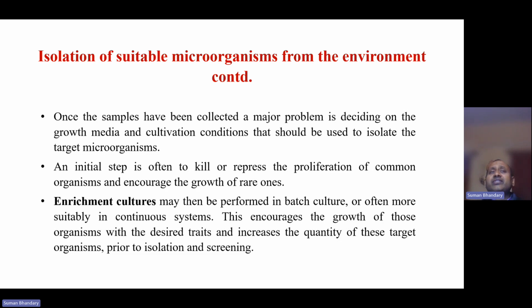An initial step is often to kill or repress the growth of common microorganisms present in the same microbiota, and also to encourage the growth of the rare microorganism that we are targeting as a microorganism with industrial importance.